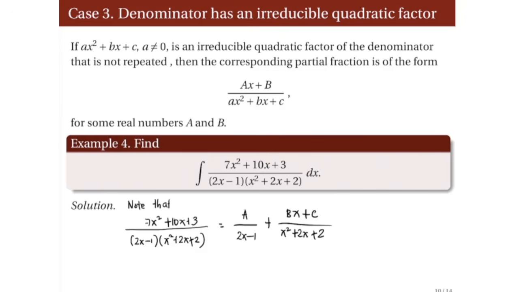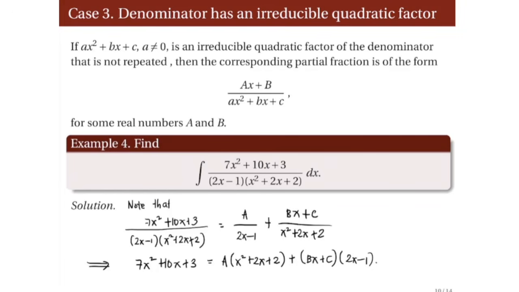So, parang yung sa cases 1 and 2, if we multiply both sides by 2x minus 1 times x squared plus 2x plus 2, or the LCD, then, yung left-hand side natin is 7x squared plus 10x plus 3. This is equal now to a times x squared plus 2x plus 2 plus, we have here bx plus c times 2x minus 1. So, let's find here the values of a, b, and c.